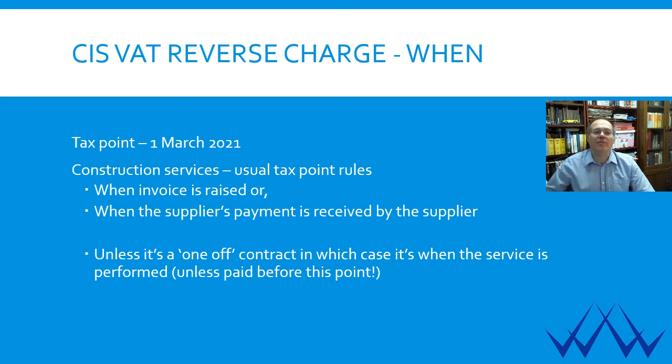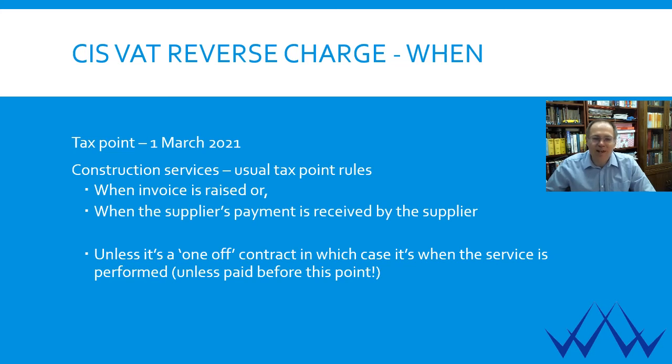When does it apply from? Well, I mentioned it at the start, 1st of March 2021. Now with construction services, they have special rules to determine the tax point, which is when VAT applies. It's basically when the VAT invoice is raised, or alternatively when the supplier's payment is received by the supplier.